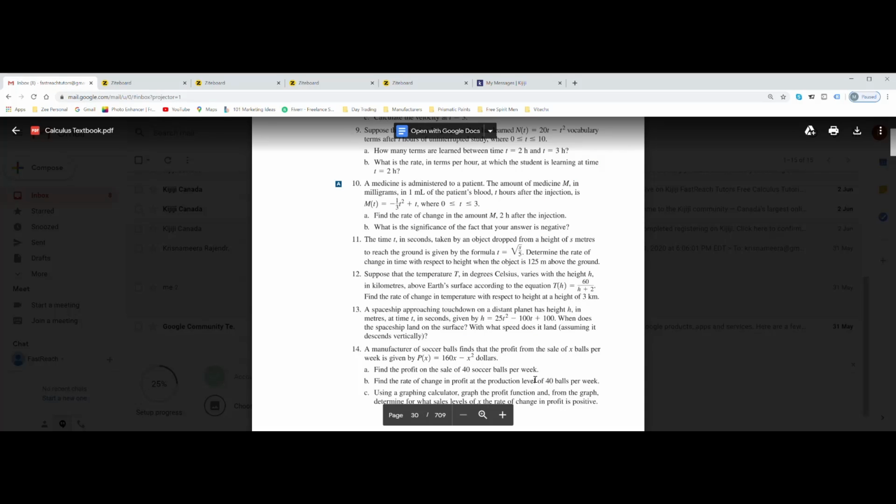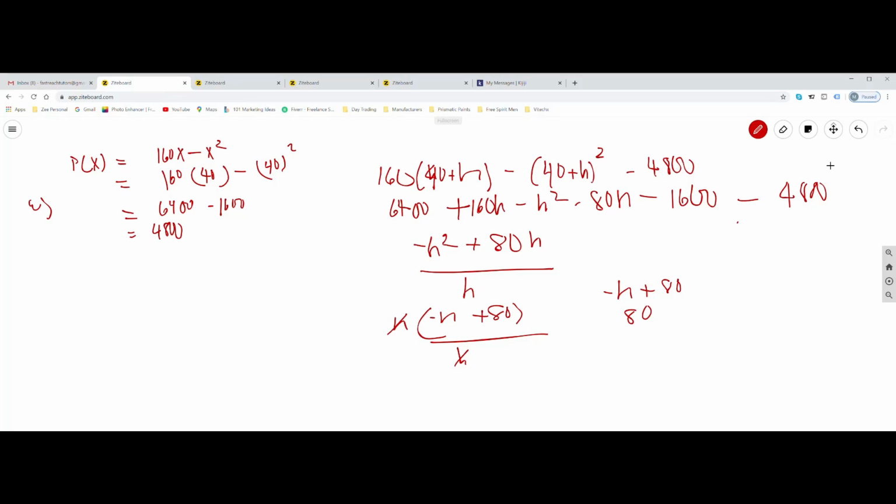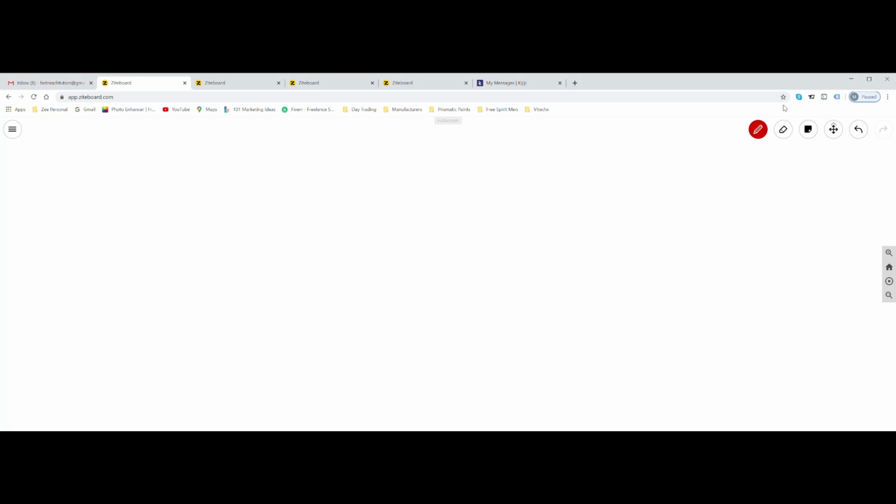Okay, now 14, now 15. So for question 15, you have the equation negative x squared plus 2x plus 3, and you have negative 2 and negative 5.